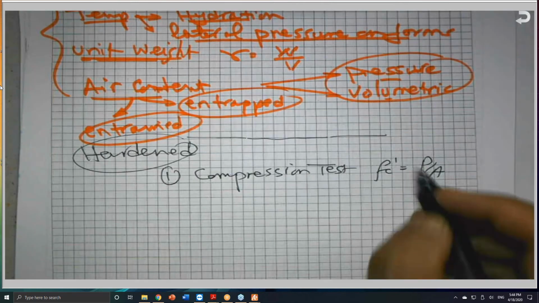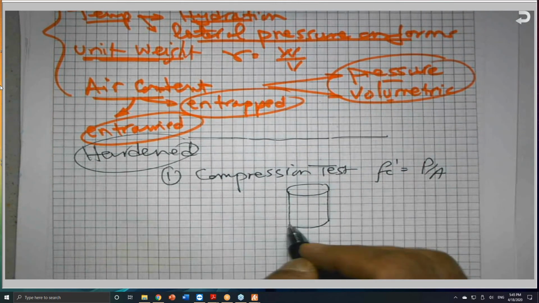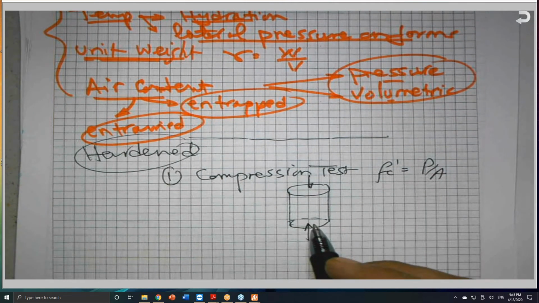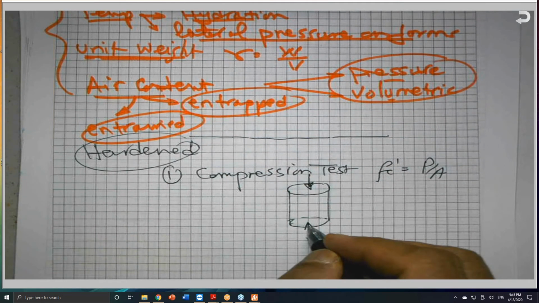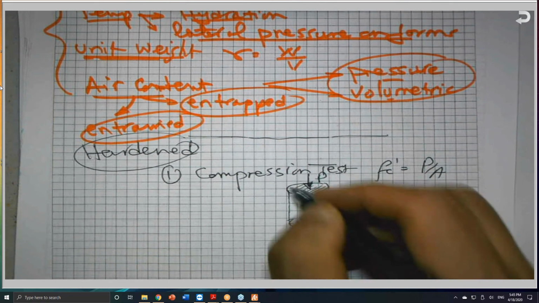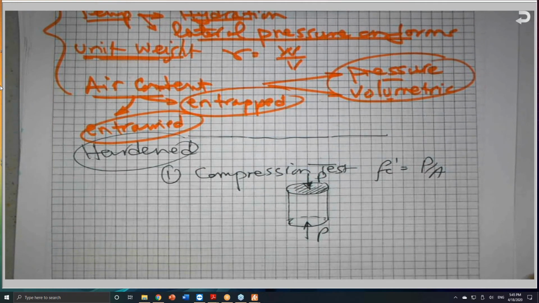The 28-day compressive strength. Here is a cylinder after we cap it and we crush it all the way up to failure. In this case, this is P, which is the failure load, and this is the cross-sectional area, which gives F sub C prime.